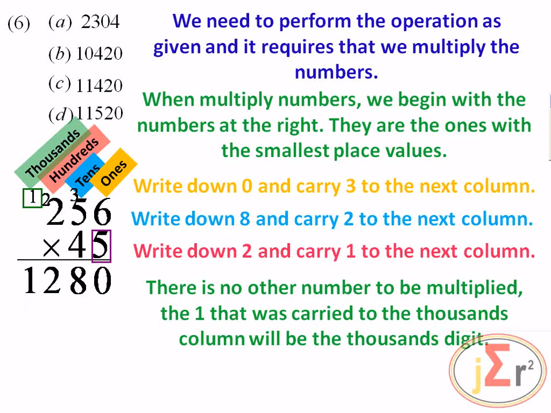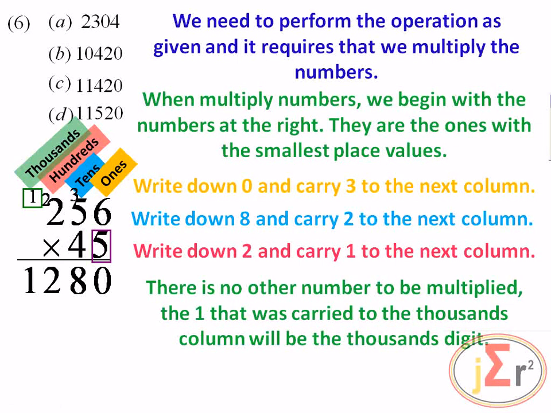And some individuals will not give too much consideration to that. But because there is no other number to multiply after this 2, we say 5 2s, 10. Then we add the 2 to it and we get 12. We just write the 12 down.